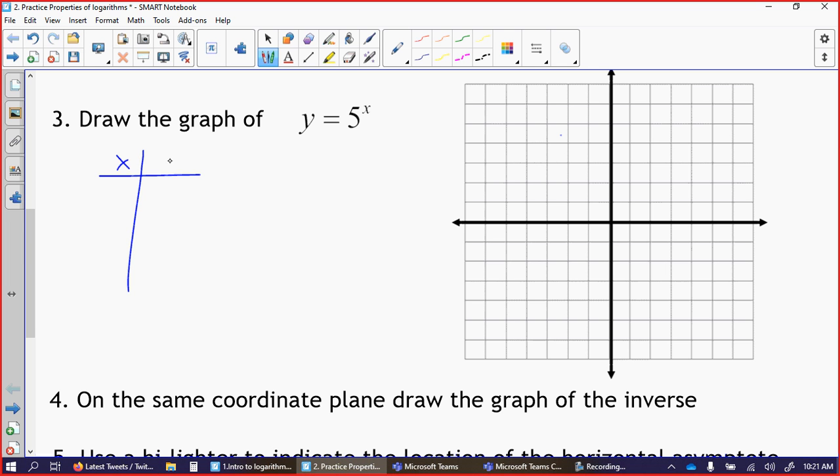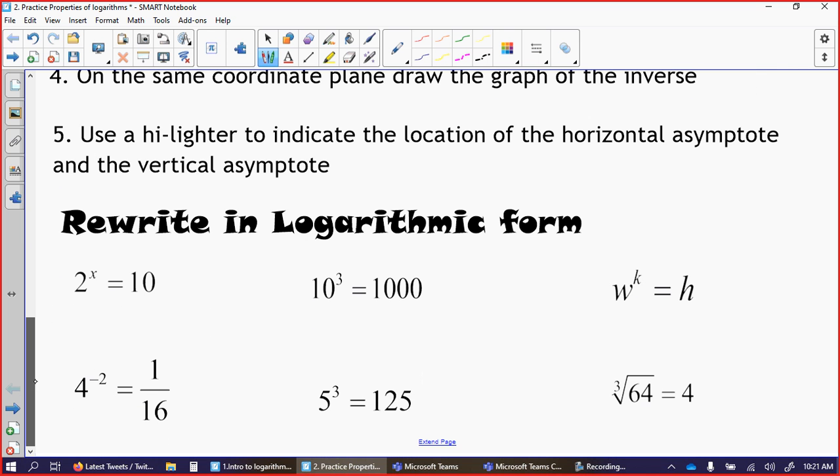If that's 5 to the x, the inverse of that, you're going to switch those two. So -1, 0, 1, fill those in, flip them. 1, 2, in the same coordinate plane, use a highlighter.